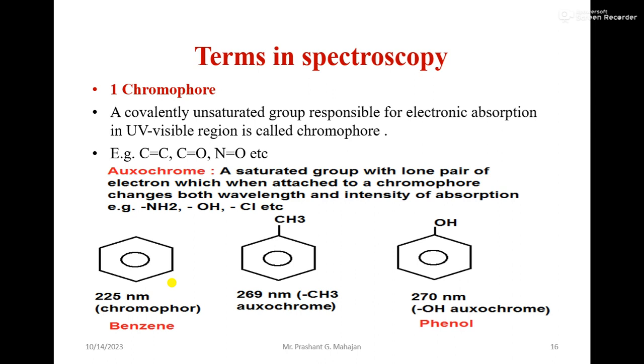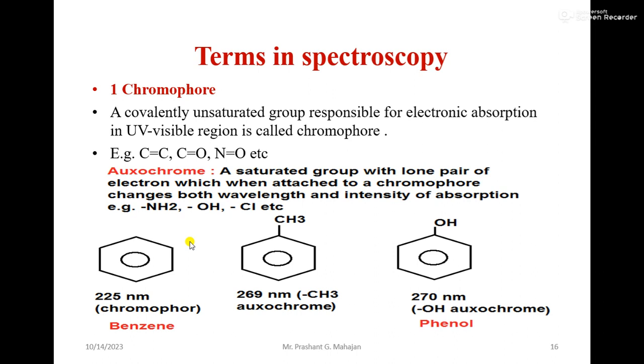Second term in spectroscopy is auxochrome. So auxochrome is a saturated group with lone pair of electrons which, when attached to a chromophore, changes both wavelength and intensity of absorption.